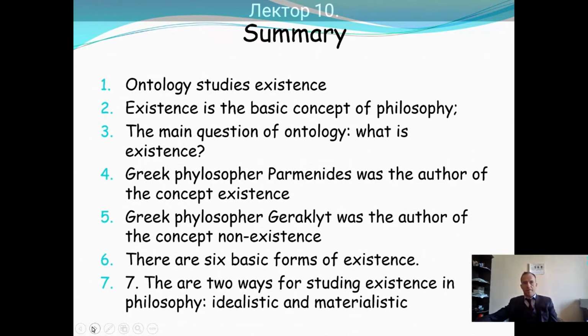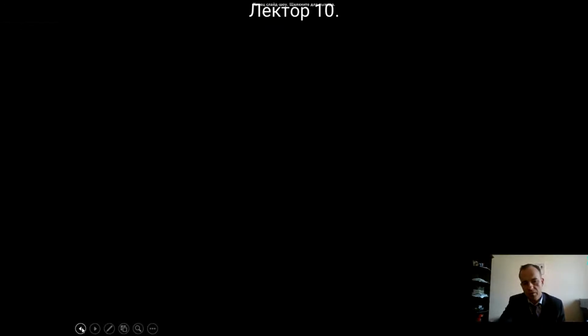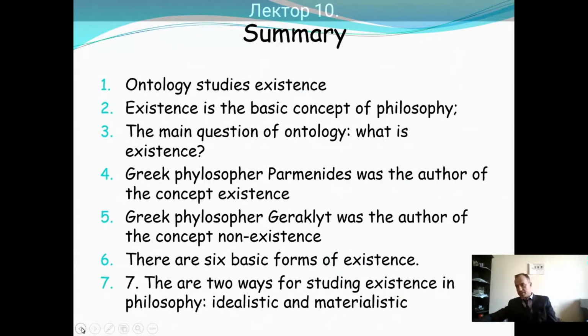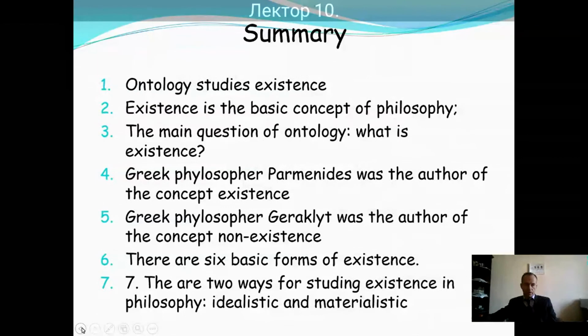Okay. In different historical epochs, there were different theories that explain existence, and in each historical epoch in the history of philosophy there was a different understanding of existence. Ontology of antiquity, of ancient Greek philosophy, has a philosophical character. And philosophers of antiquity connected the problem of existence of the world with existence of nature.